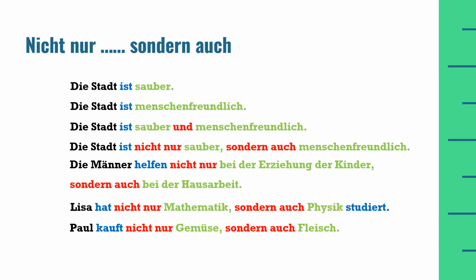At third position, we will use nicht nur, and what Paul has purchased, the first thing, will come after nicht nur. The first thing is Gemüse, which means vegetable. Then we put a comma and give a space, and then we use sondern auch. And the second thing that he purchases will come after sondern auch, and that is Fleisch, which means meat.